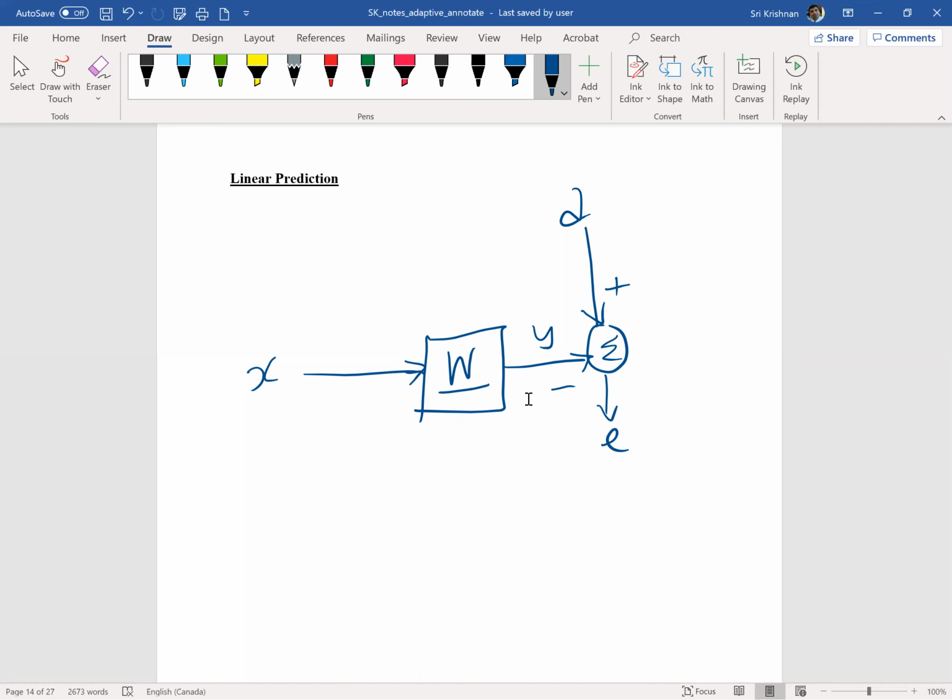One is the signal X, and the other one is what was called the desired response D.